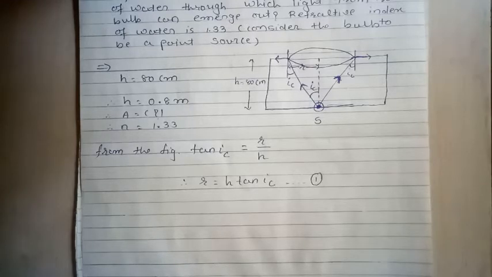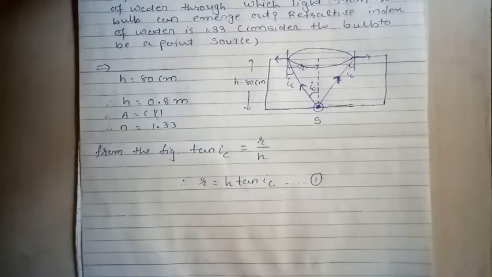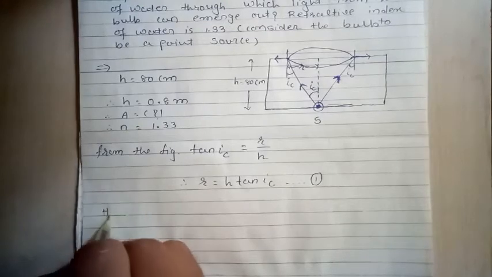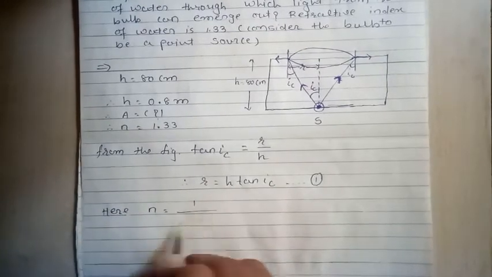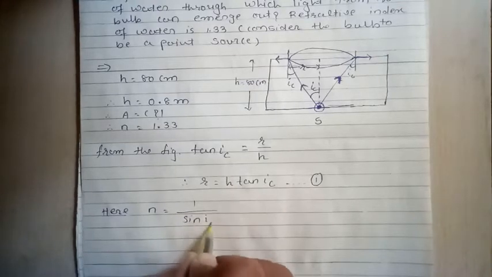We know the formula of critical angle by Snell's law, n is equal to 1 upon sine IC, or 1 upon sine C, right? So C or IC, this is the critical angle. So from the formula we can say that n is equal to 1 upon sine C or IC.